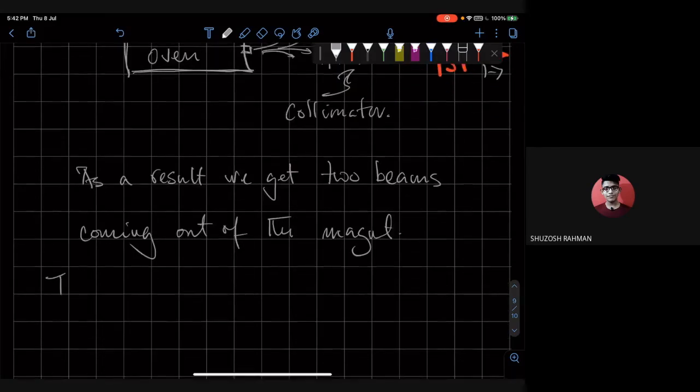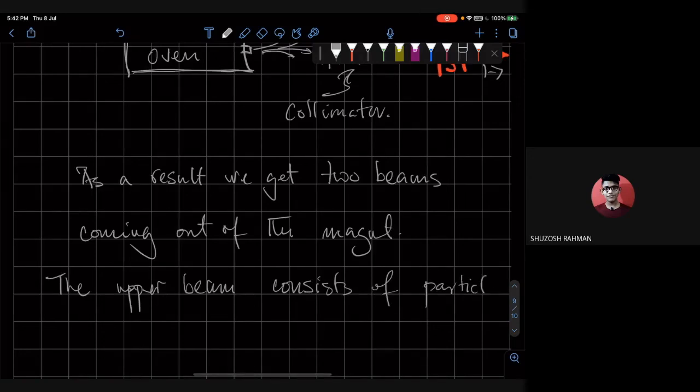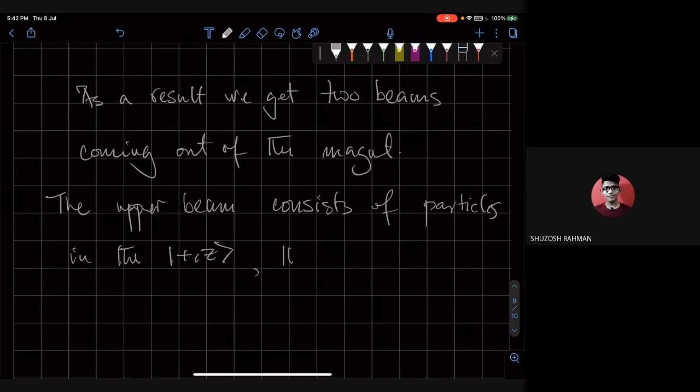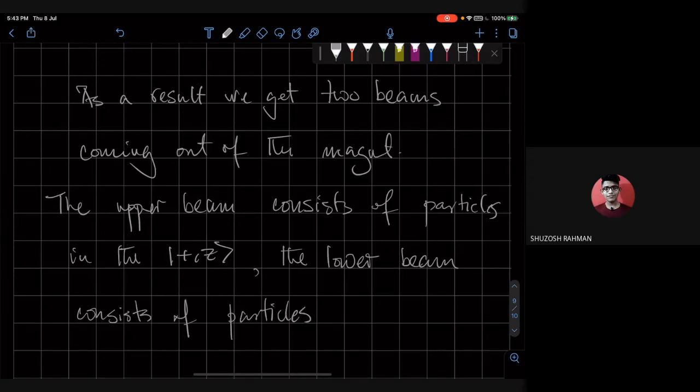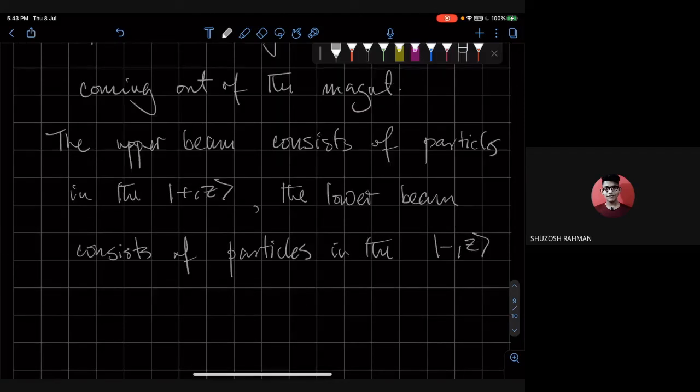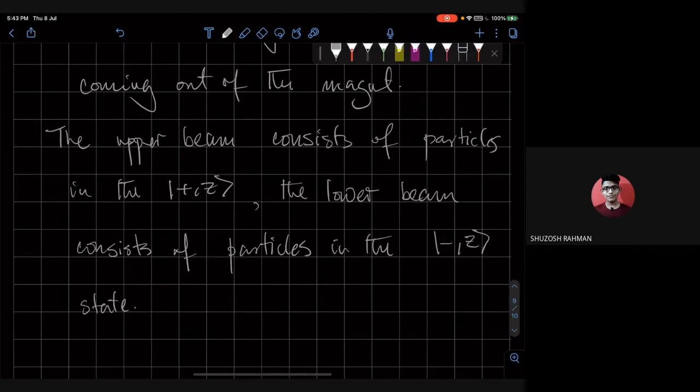The upper beam consists of particles in the spin up state, while the lower beam consists of particles in the spin down state.